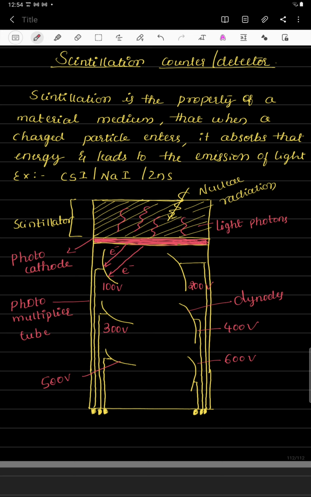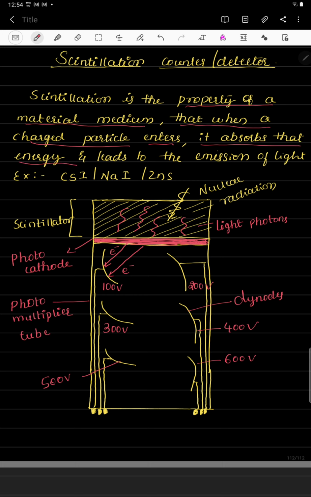Now the next detector for your syllabus is the scintillation counter or detector. First we will start with the meaning of the word scintillation. Scintillation means a flash of light. It is the property of the medium present inside the counter that when a charged particle or nuclear radiation enters the tube, the medium absorbs its energy.